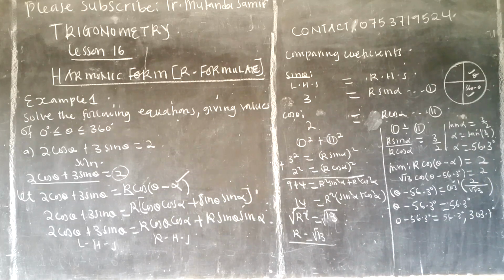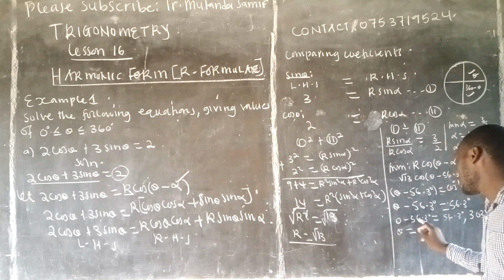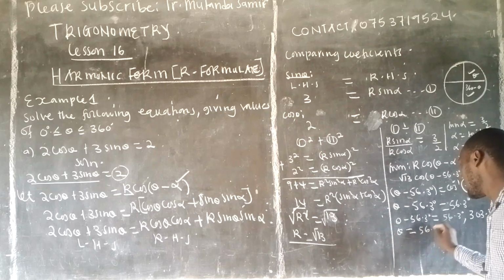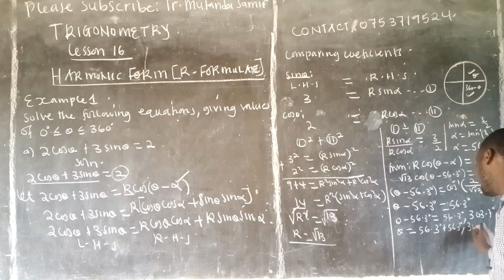Then after that, you can now solve this and take it this side. So theta is equal to, now this is the minus, you come and add to this and also add to that. So 56.3 plus again 56.3, they were a bit similar, but it's never the case. And 303.7 plus 56.3.